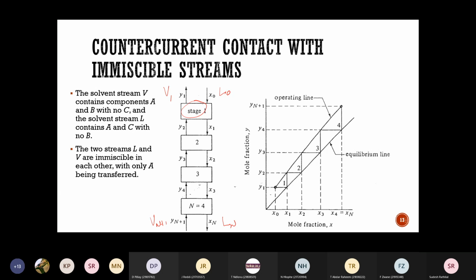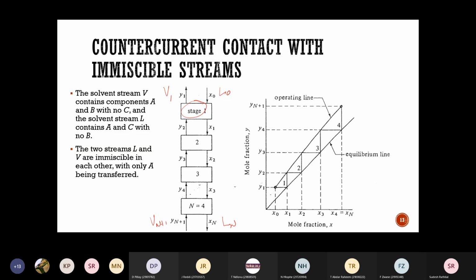Okay, so the solvent stream V contains components A and B with no C, and the solvent stream L contains A and C with no B. So it is saying that majority of the streams, that's what it's talking about, right? A, remember, is your solute.